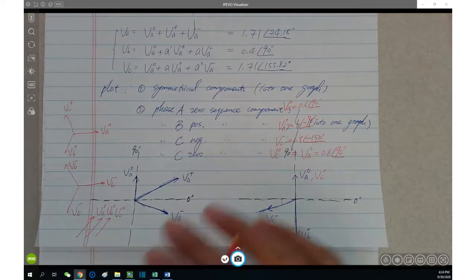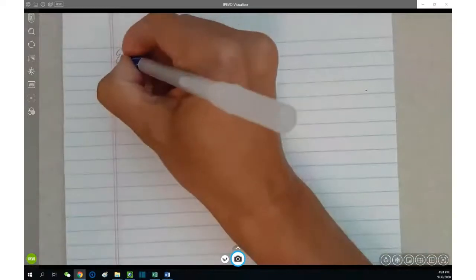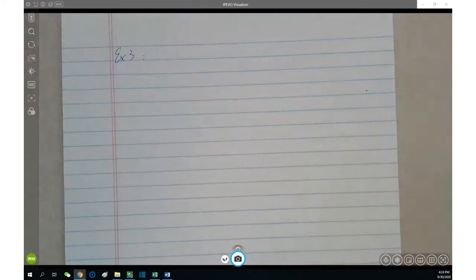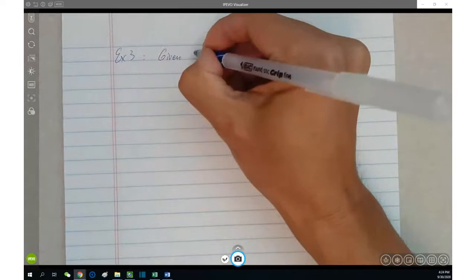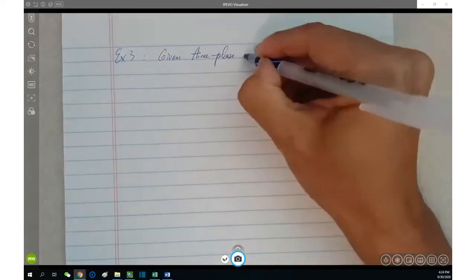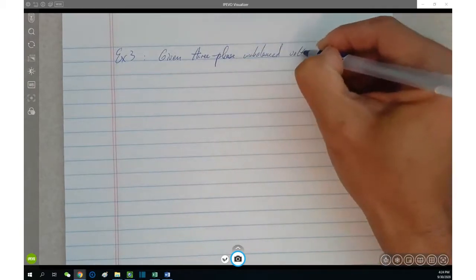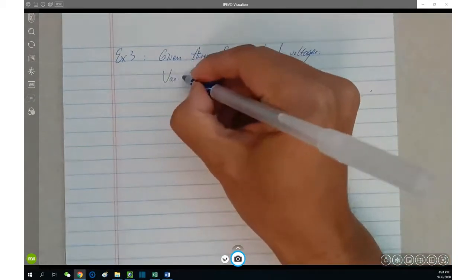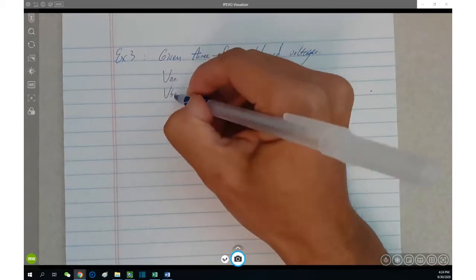All right. One more example. How about that? This time let's go back to the three-phase unbalanced voltages VAN, VBN, VCN.